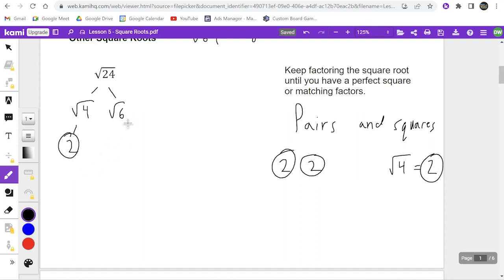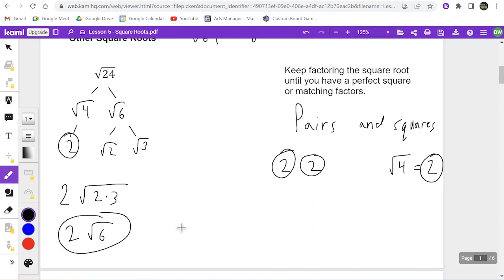And then the square root of 6, that can be broken up into root 2 and root 3, which is not a pair or a square, so they stay inside the square root. So in other words, when I write my final answer, this 2 broke out, and then in the square root I have 2 times 3, which can simplify to 2 root 6. And that's my final answer. And that's how I'm going to solve square root problems like this.